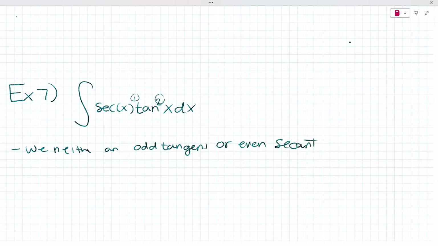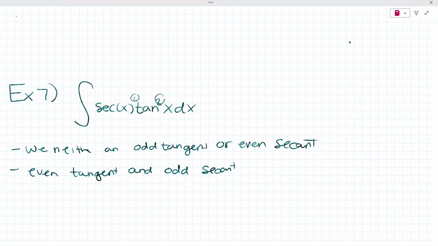So if we had an odd tangent or an even secant, we could use u-substitution, but what we have is an even tangent and an odd secant. What do we do? We can't use odd tangent, and we can't use even secant.